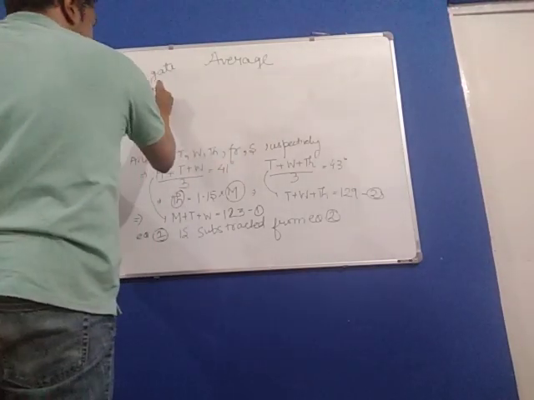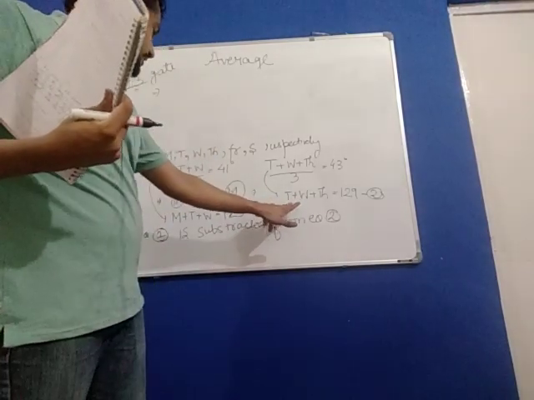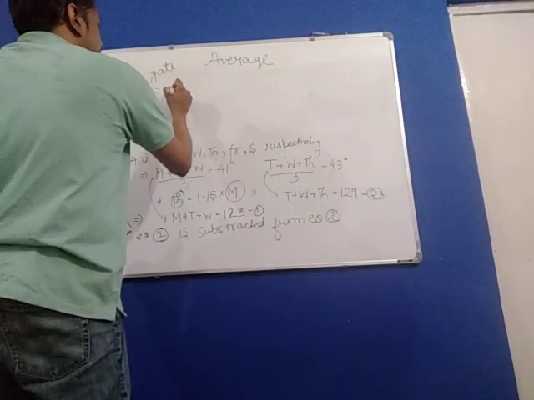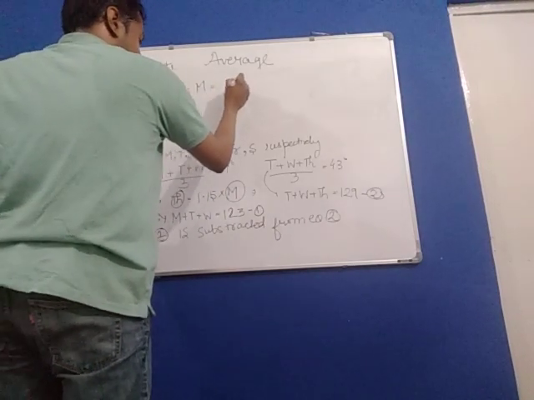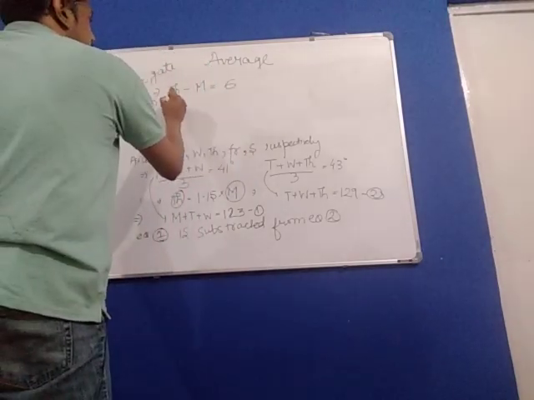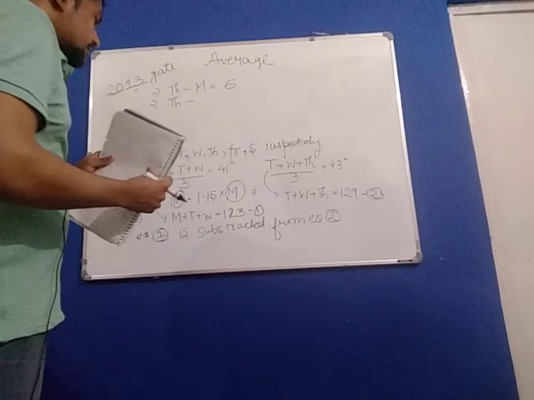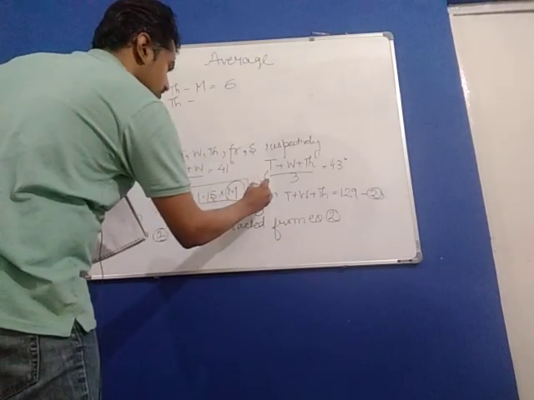So when we do that, Tuesday and Wednesday will cancel out. We will get Thursday minus Monday equal to 6, which we can call equation 3.